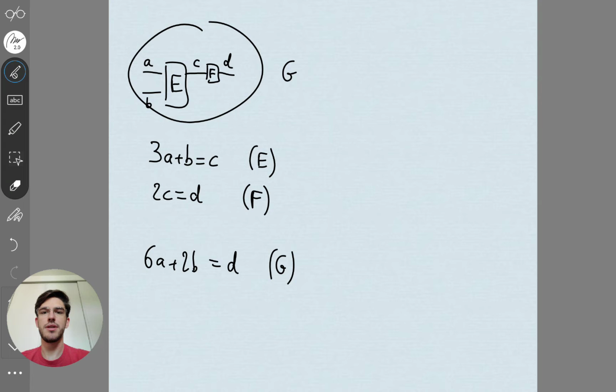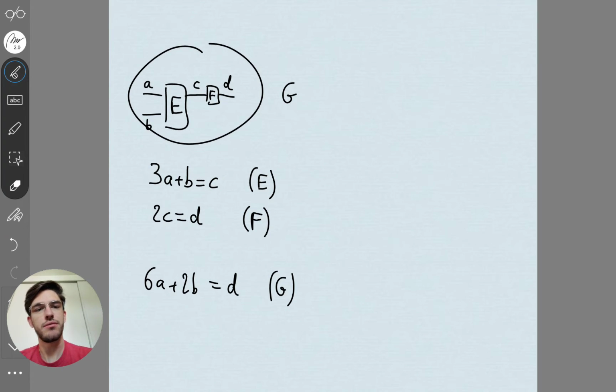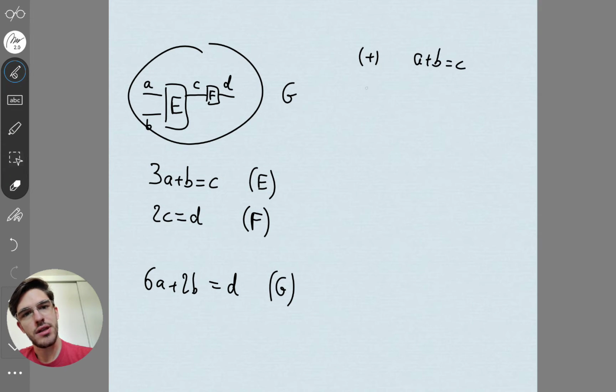And graphical algebra is exactly only this. The way we usually do it is we would choose some basic building blocks we want. Here I use E and F, but those are maybe not the most natural ones. The ones we would tend to use might be, let's call plus the equation a plus b equals c, and let's call times 3 the equation 3a equals b.